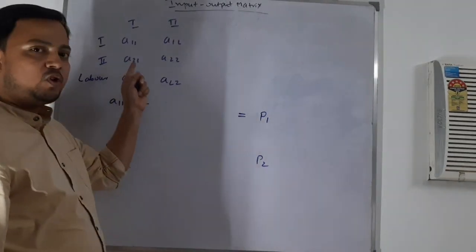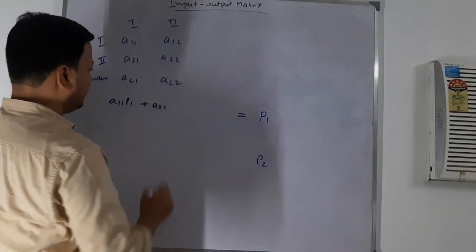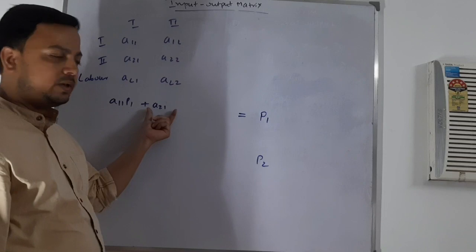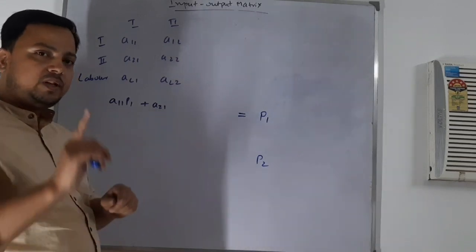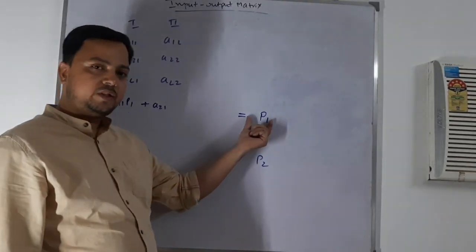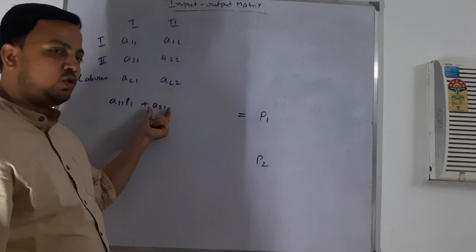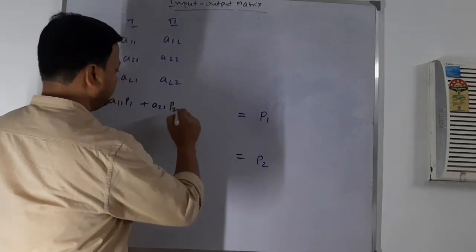This is the unit requirement of industry 2 output by industry 1, because we are determining the price of industry 1. So here we will write A21, and the price of industry 2 is given, P2.